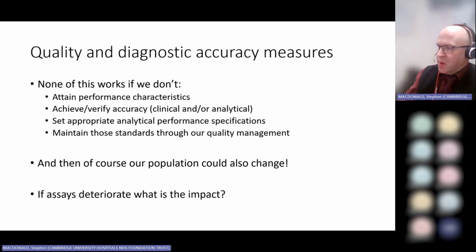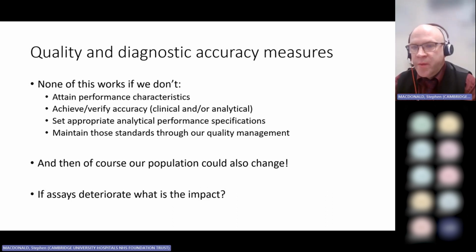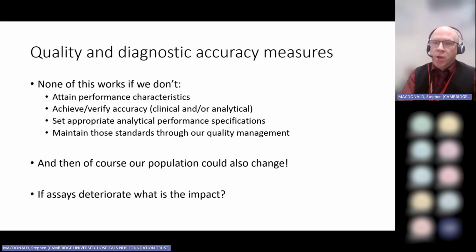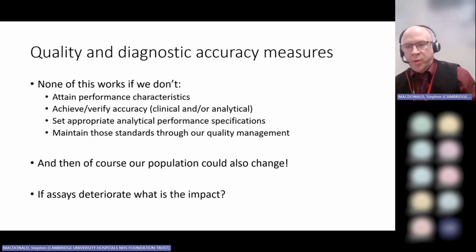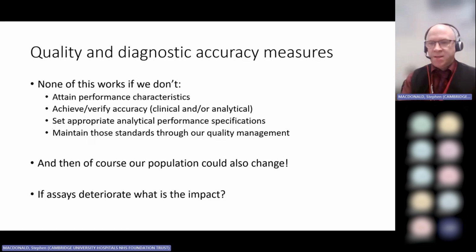So firstly, when implementing our tests, we have to make sure that we are attaining the performance characteristics that are stated in the instructions for use, which will include sensitivity and specificity, which will include our local patient population samples that we are due to test.